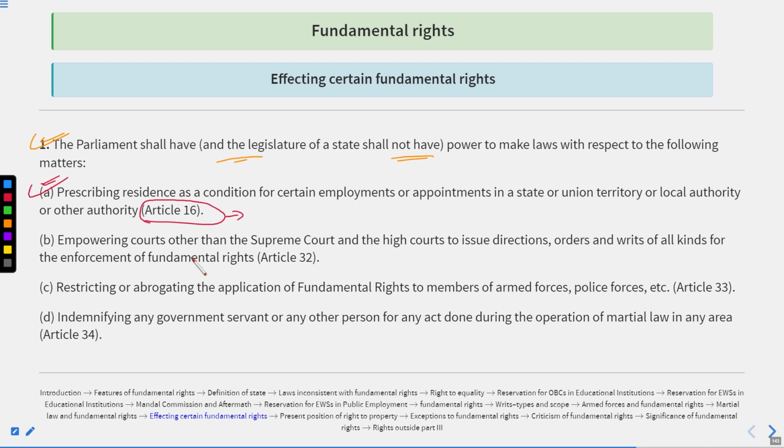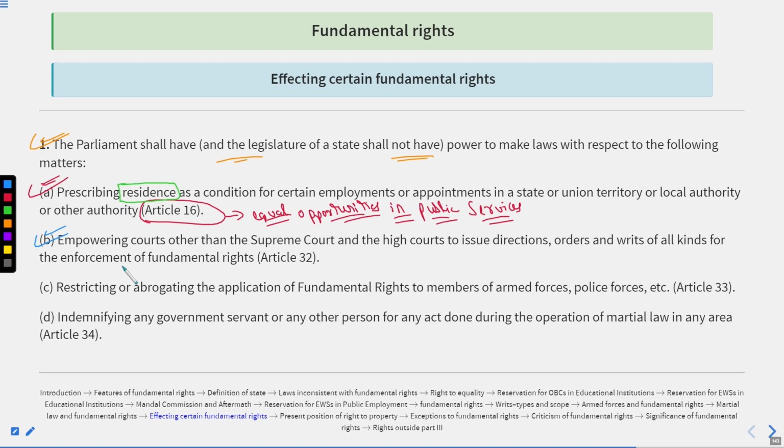We know Article 16 stands for equal opportunities in public services. But the Parliament has the right to maintain a condition of residence as an exception to this equal opportunity.